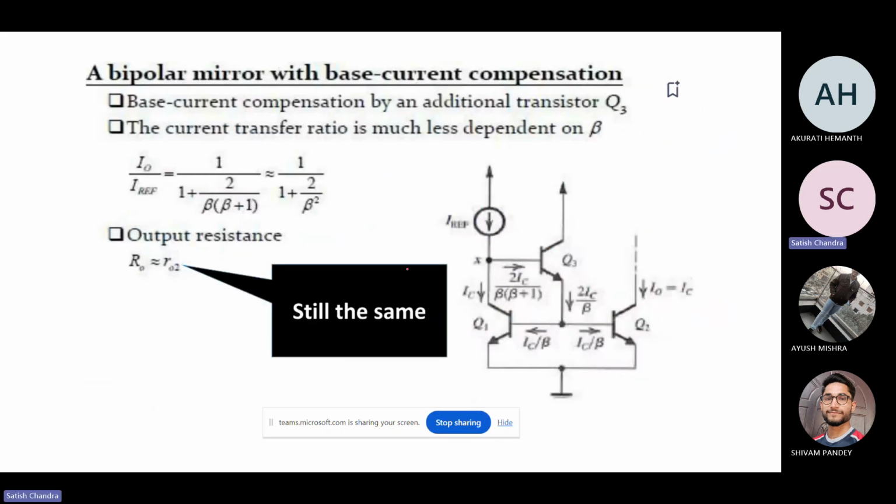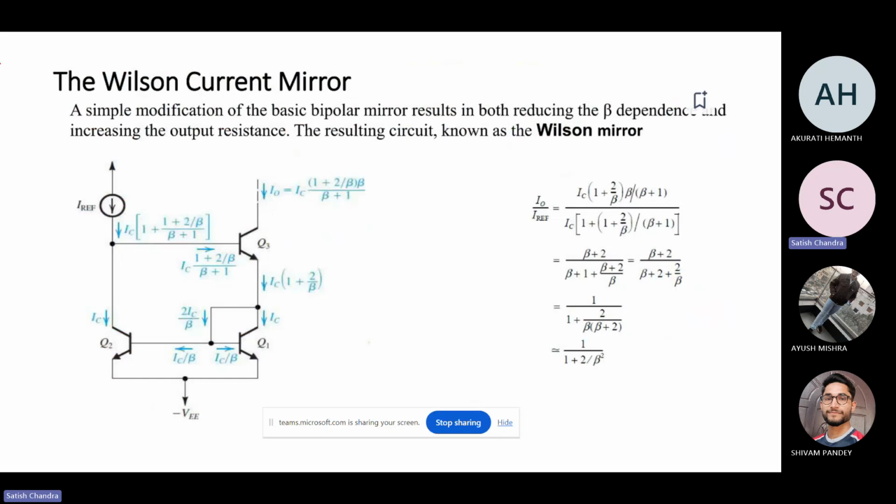So in a nutshell, we have attained this, but we have not improved the output resistance, which is still the same. So we again required some kind of advancement to fix the output resistance problem. That is why we go to the Wilson current mirror.